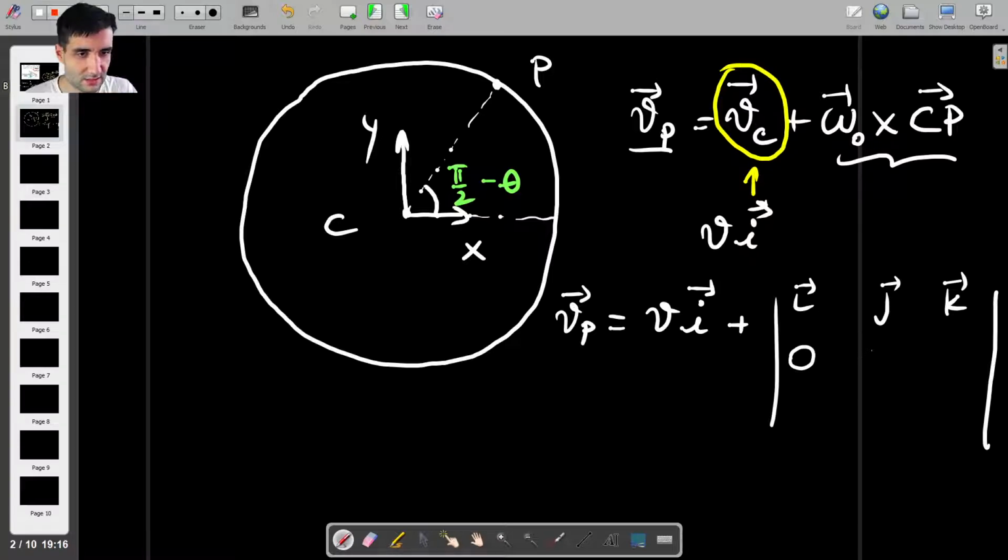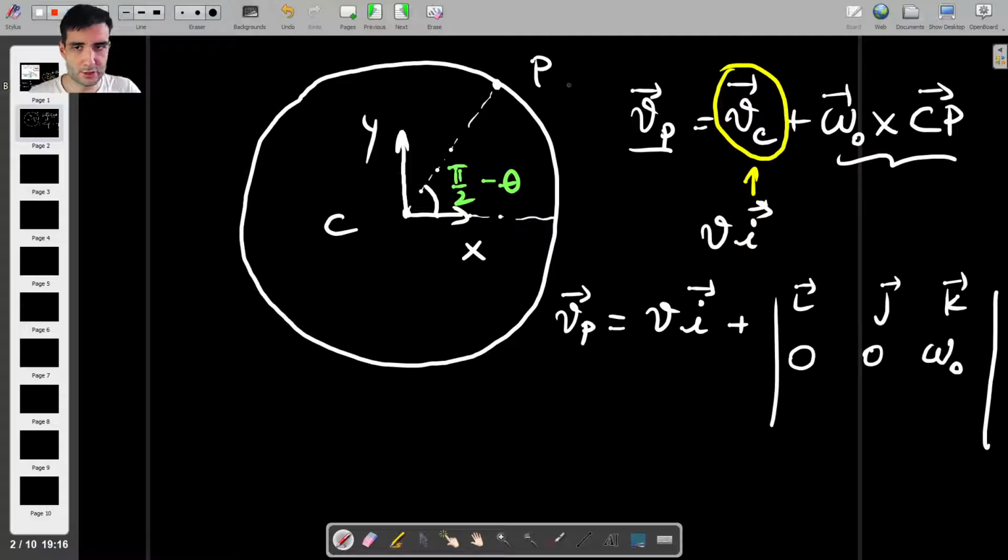So this is 0, 0, and omega 0, which I don't know yet if it's positive or negative. I can sort of try to guess from how everything is moving, but I'll just make it positive by default. And then CP, that's the CP vector, which has two components, one along x and one along y.